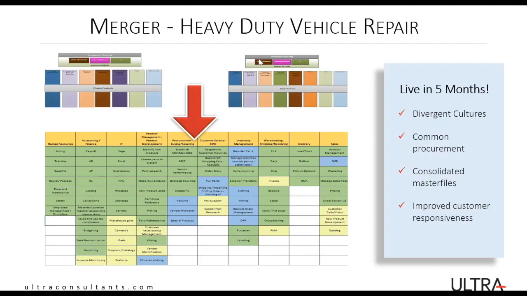But to do that, one of the first things that we did was we created the level zeros like we showed you, and then organized those into processes. And then we looked at where there was overlap in activities between the two. So company A, we said, okay, here's the set of practices that we want to identify from a future state. How well would they apply to company B?